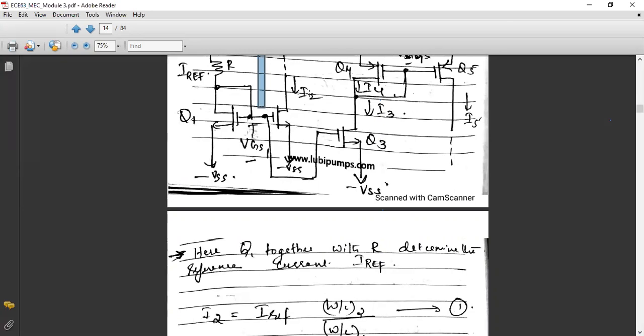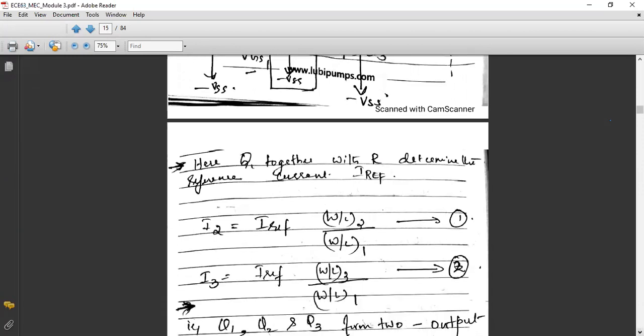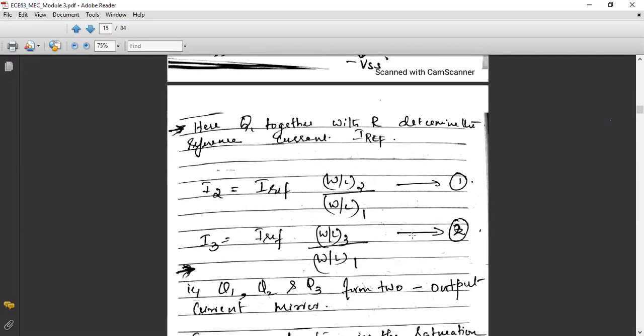So we can say that I2 depends on I reference. Similarly, I3 also depends on I reference. So I have written in similar fashion equation number 2. The only difference here is instead of W by L of 2, here you have W by L of 3, in order to take the transistor Q3 into account.